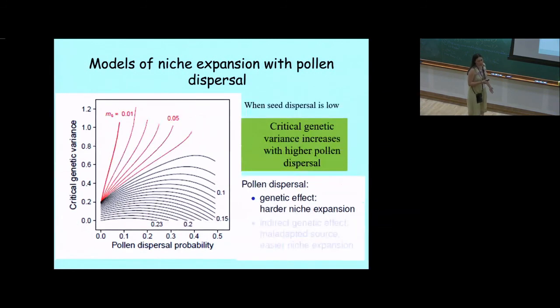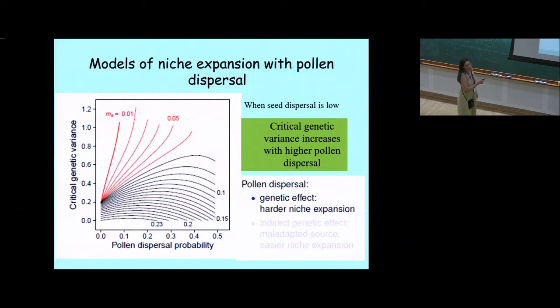If you look now at the effect of pollen dispersal, it is doing something very different because it's not adding individuals to a new habitat. It has no direct demographic effect. It has only an indirect demographic effect because it is introducing genes that were selected somewhere else and just changing the genetic composition of the population without directly adding individuals. And so the effect of pollen dispersal depends on the amount of seed dispersal.